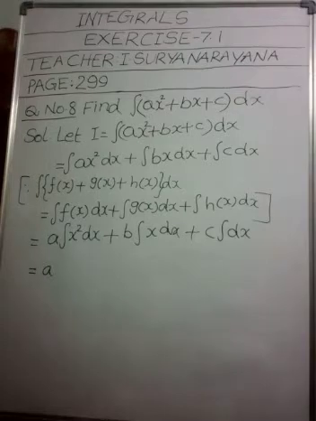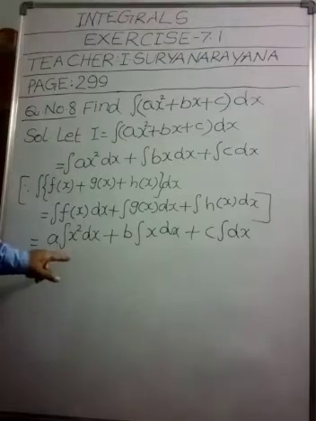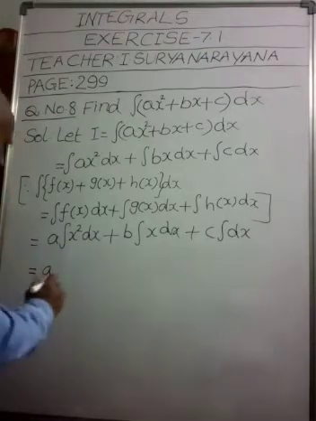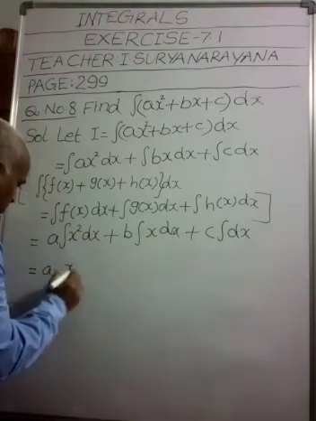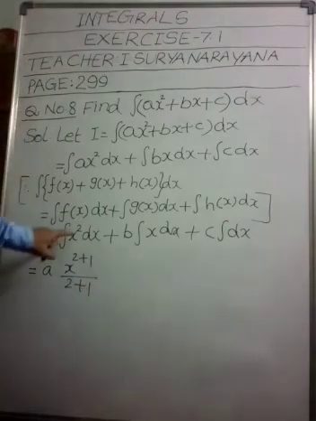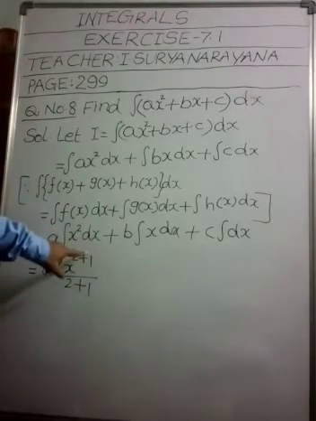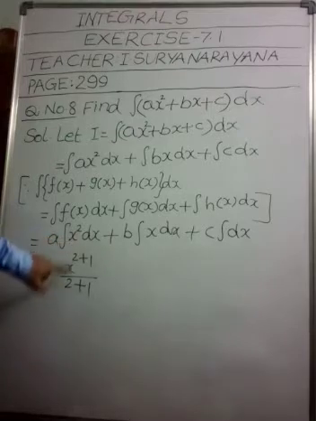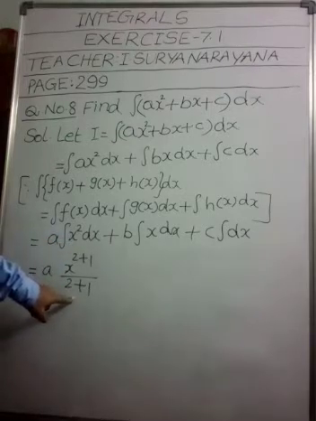So which formula is suitable? Here it is in the form of integral x power n dx. So what is the formula? x power n, n means 2. So x power 2 plus 1 by 2 plus 1. Integration of this function is over. Understood this step, my children?